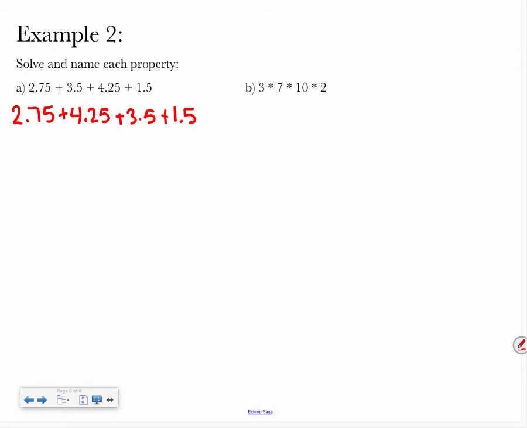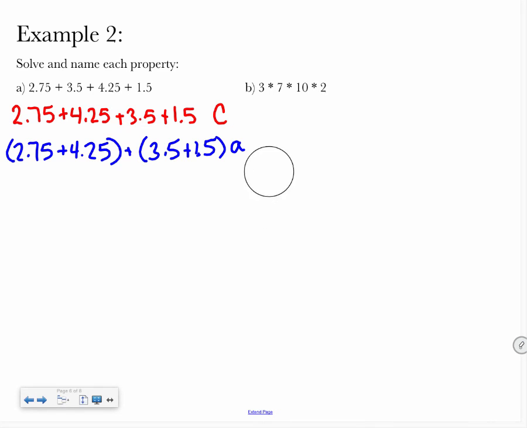And I know that that is the commutative property. I'm just going to abbreviate it as a C for now. Okay, now if I look at it, if I group these together, because if I don't group them, then I just have to go from left to right and add them together. So I'm going to group them, and I'm going to call that the associative property. I'm going to use a capital A so we don't think it's a variable.